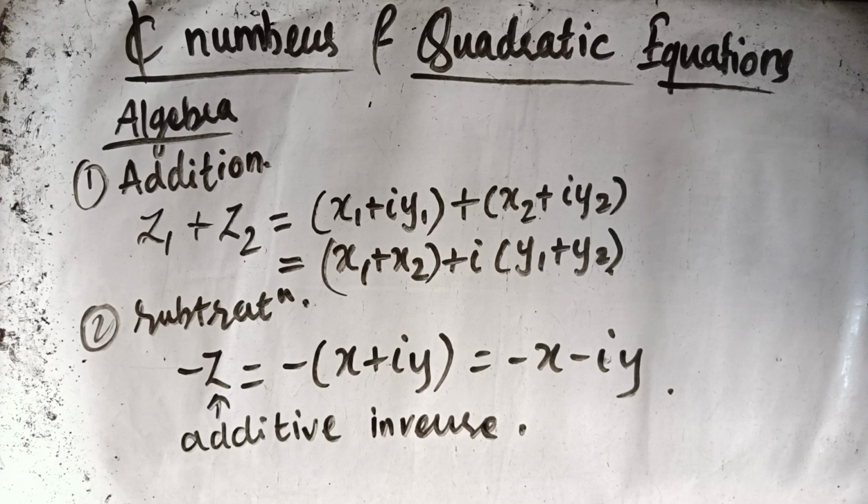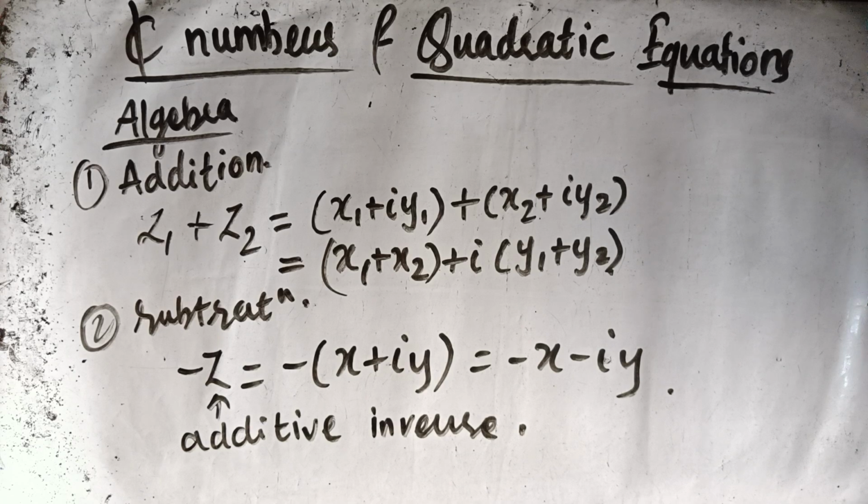Next we have properties of complex numbers. So sum, subtraction, then multiplication, division, you will always get a complex number. If you add two complex numbers or subtract two complex numbers, you will get a complex number.